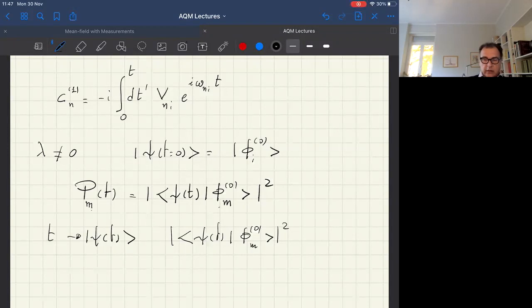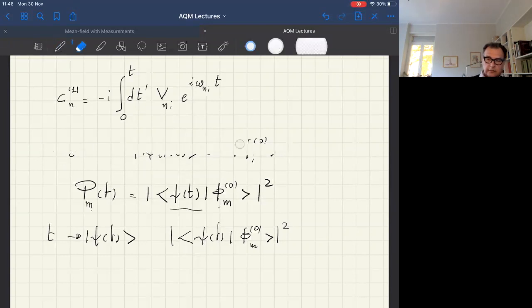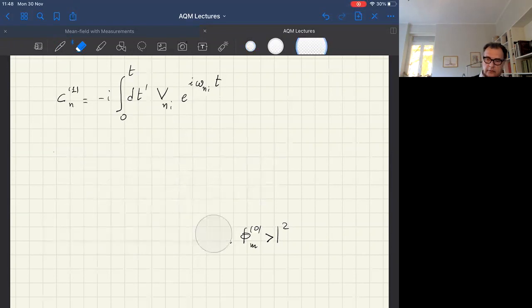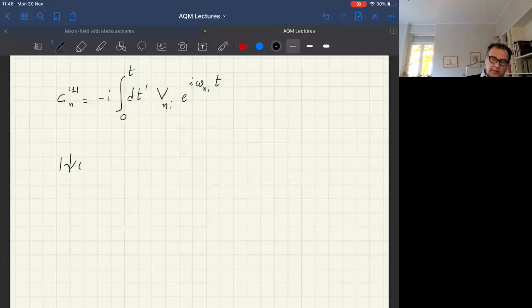When lambda is equal to 0, psi of t is just phi 0 of I. So psi at time equals 0, with lambda equals 0, is equal to phi 0 of I.